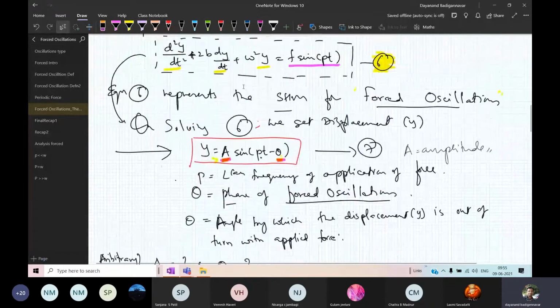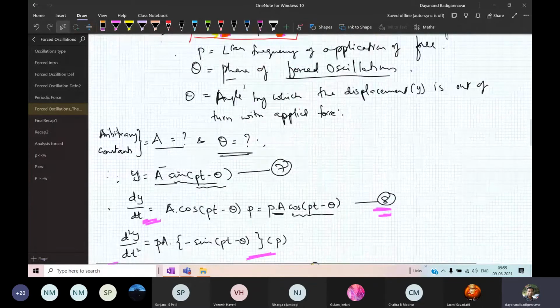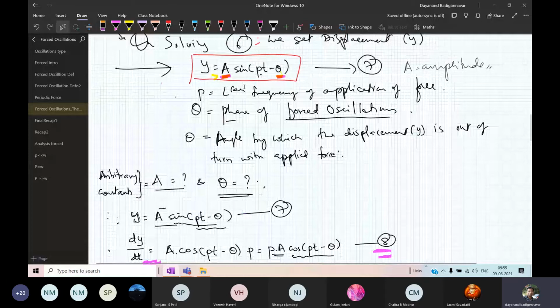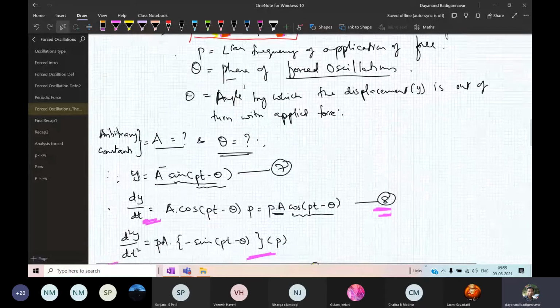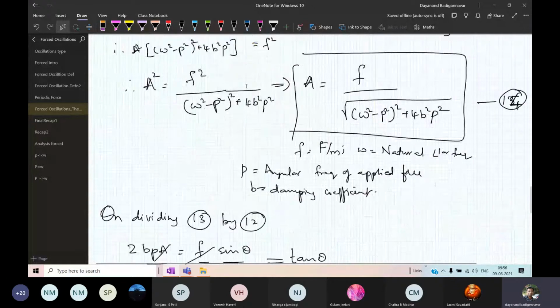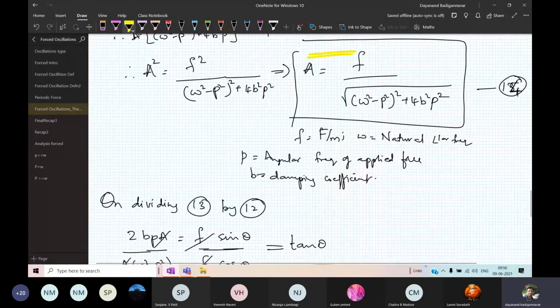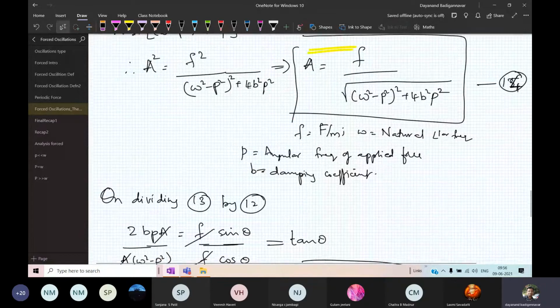That is the SHM equation, and solving equation 6 I get equation 7, the displacement. I have evaluated the value of y, amplitude A and theta. Theta is the phase, A is the amplitude. After some mathematical analysis I got the value of A as this, and the value for theta is this.